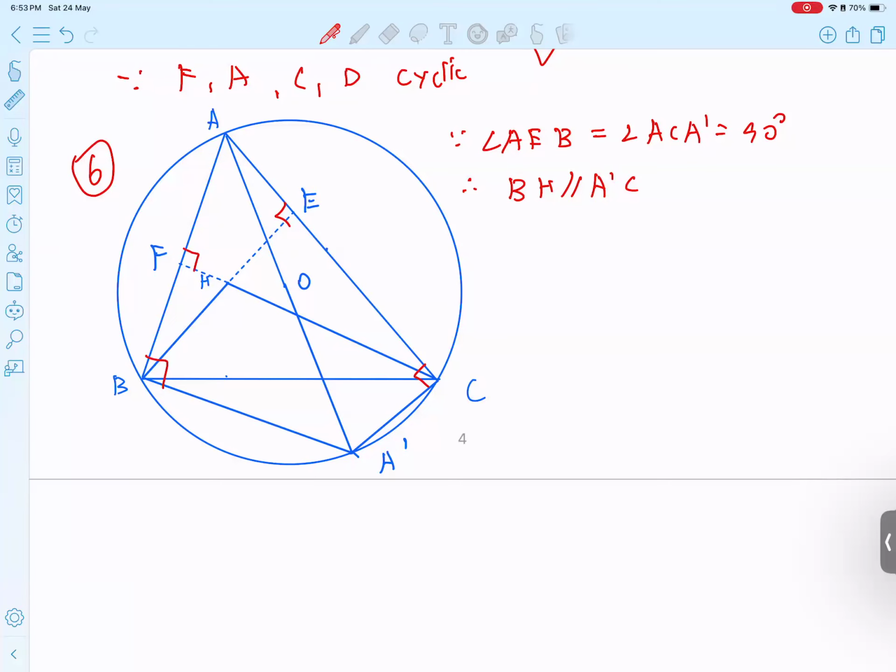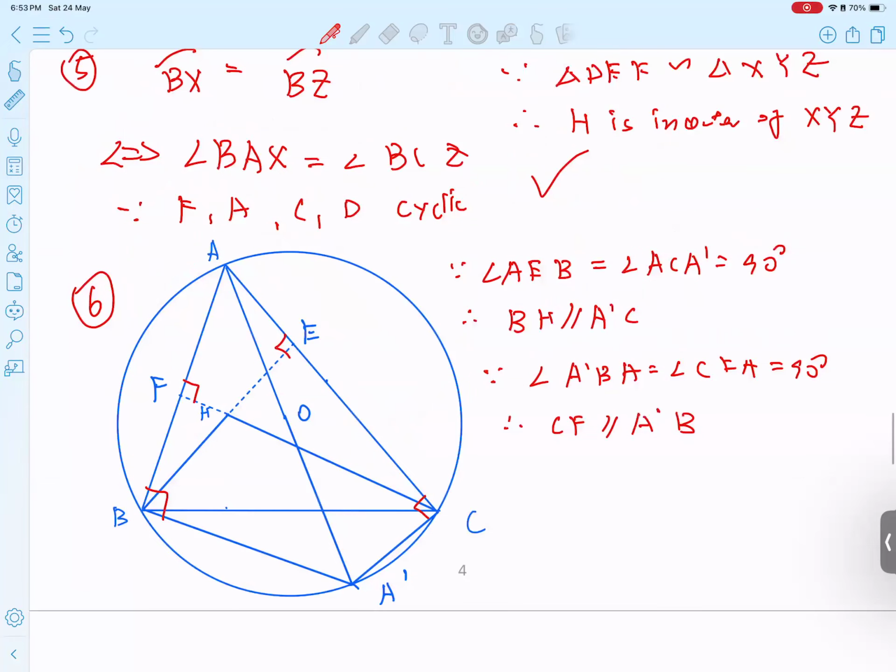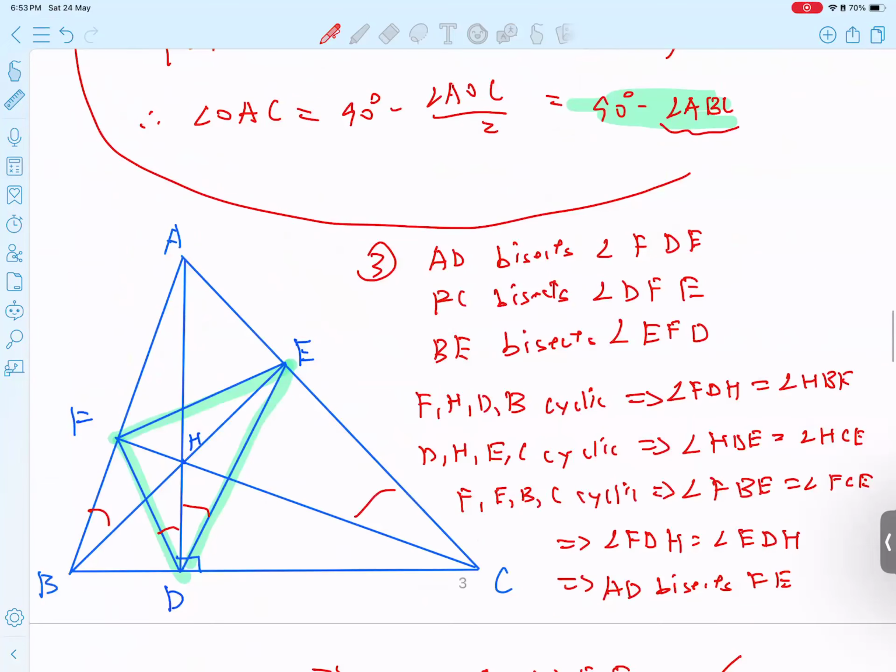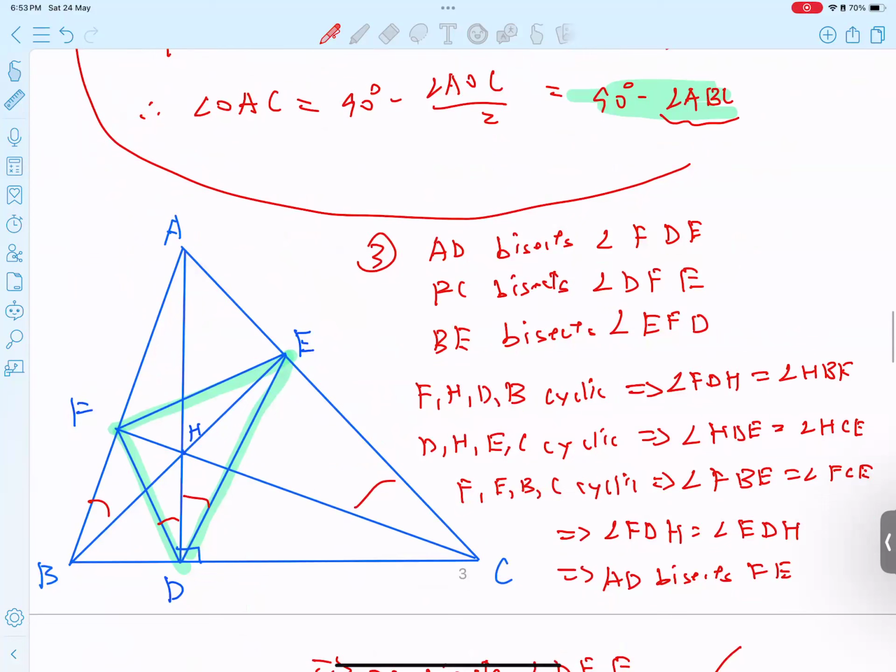This is 90 degrees by the definition of center. So angle A dash BA equals angle CFA equals 90 degrees. So we will have CF parallel to A dash B. So that's what I meant when I was talking about the incenter.